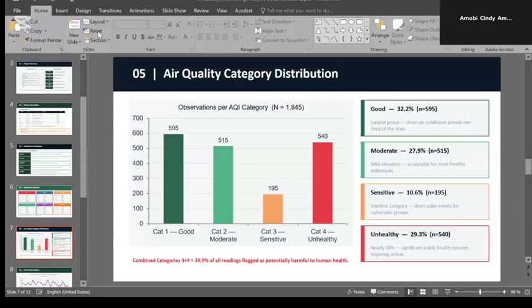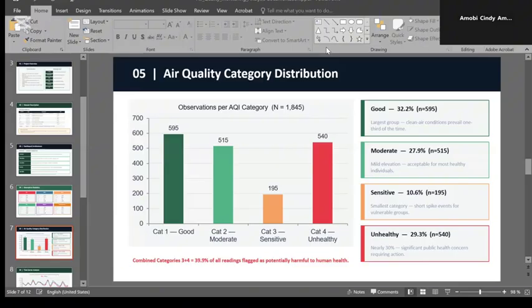I'm going to be talking about AQI category distribution. Breaking the 1,845 readings into AQI categories, 32.2% or 595 readings fall in the good category. Clean air conditions about a third of the time. 27.9% or 515 readings are moderate.